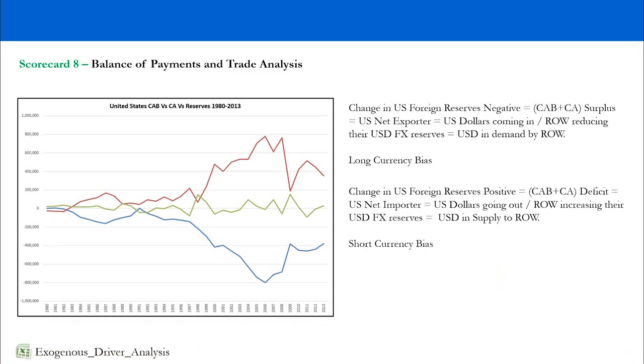Now, bear in mind, what we're looking at here is the US's own accounts. So we're looking at the US in a static analysis. We're looking at the US in absolute terms. Very similar to the way we looked at things when we were analyzing in our endogenous analysis.